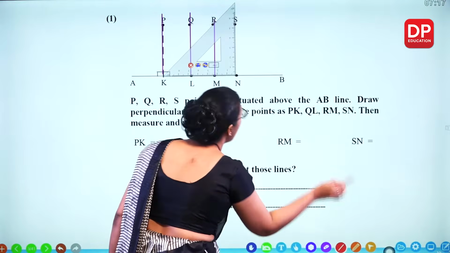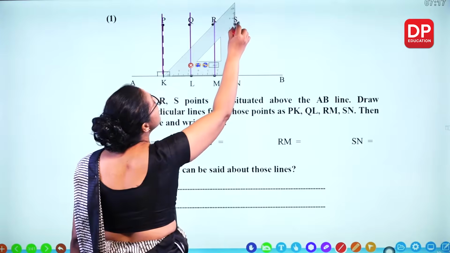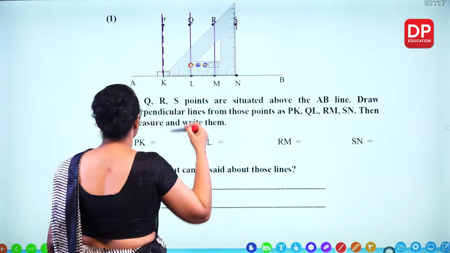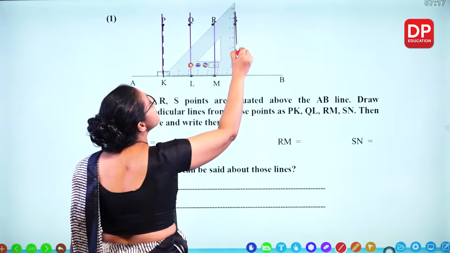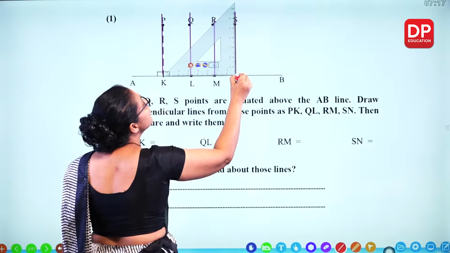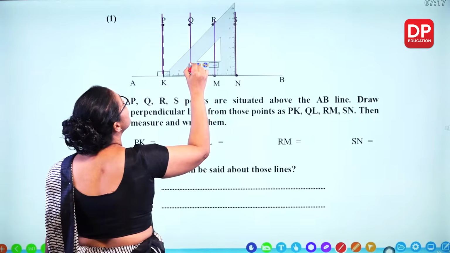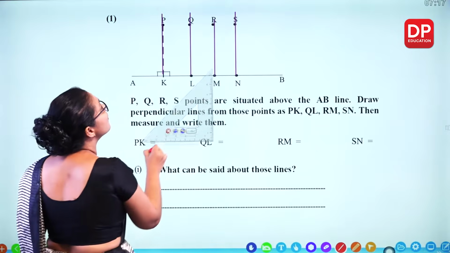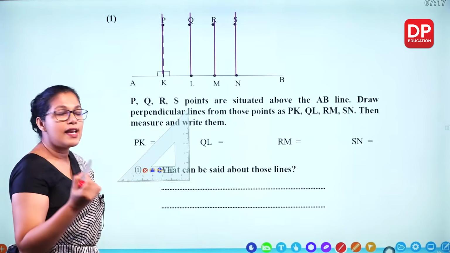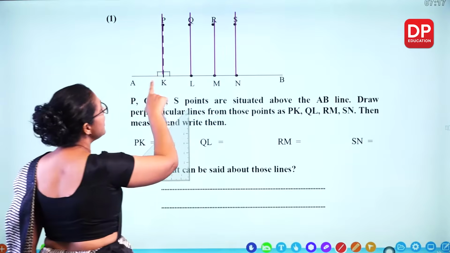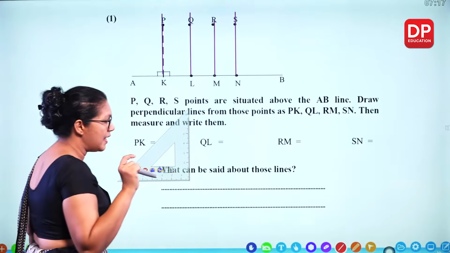Connect the other 2 points, that's the SN line. So these are the lines perpendicular to the AB line.